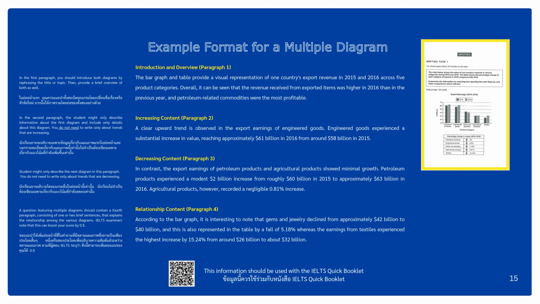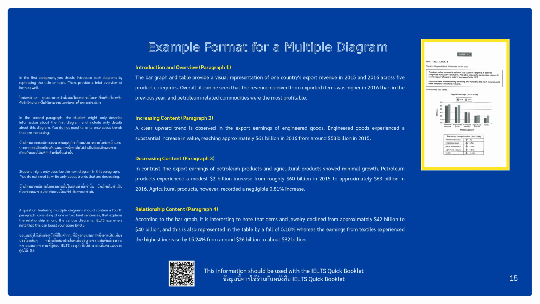The bar graph and table provide a visual representation of one country's export revenue in 2015 and 2016 across 5 product categories. Overall, it can be seen that the revenue received from exported items was higher in 2016 than in the previous year, and petroleum-related commodities were the most profitable.